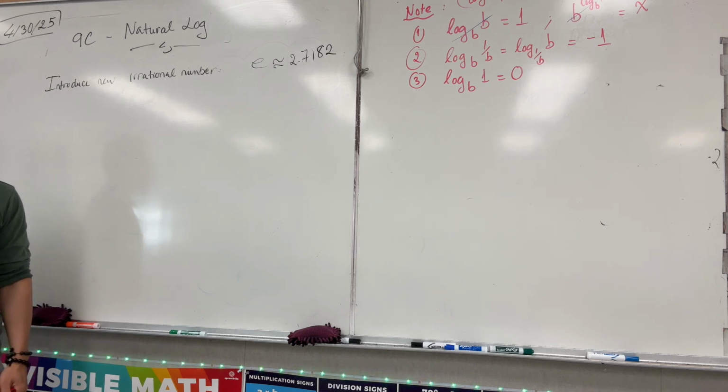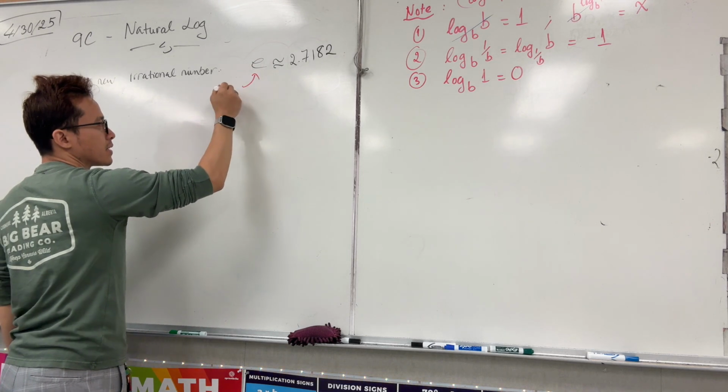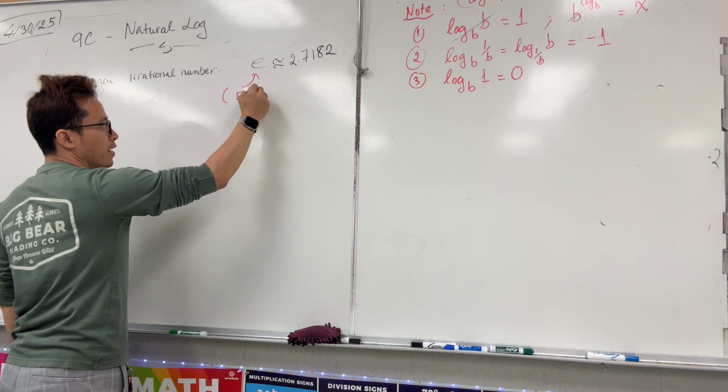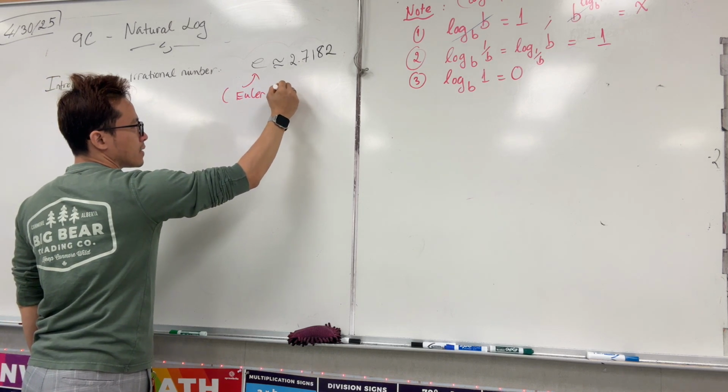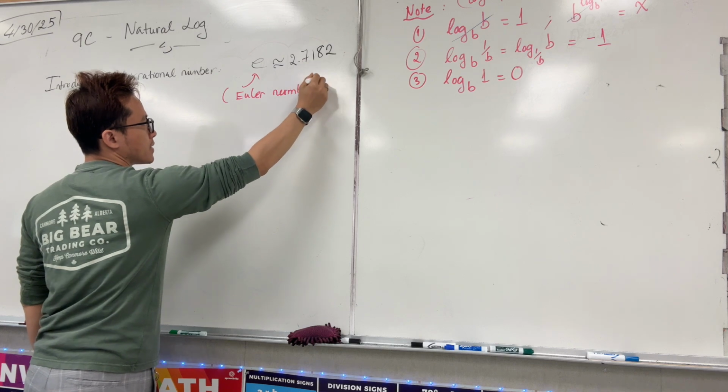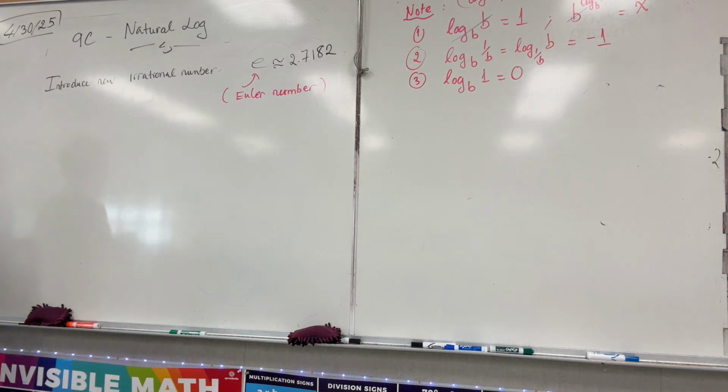And how do you call E? What is the real name? Euler number. We just say Euler. Euler number.